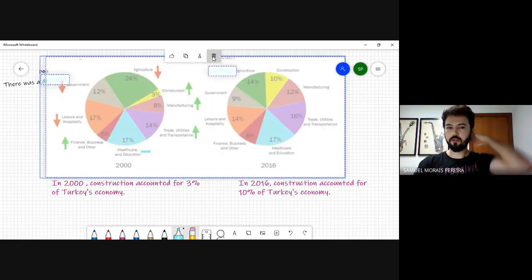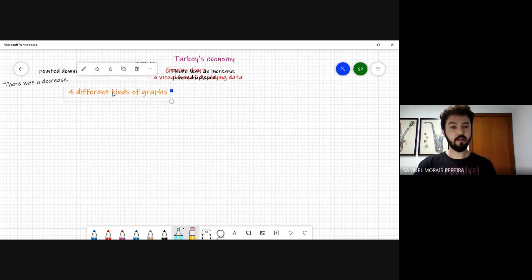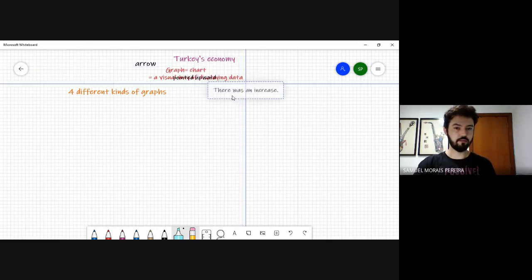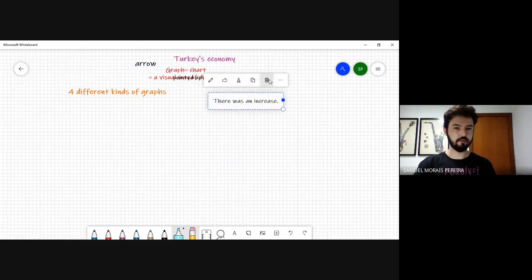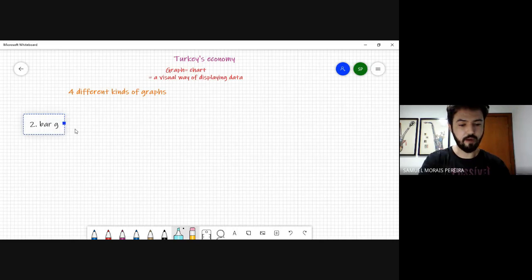Well, so moving on, now we are going to talk about a second type of graph, okay? So we have the pie chart. As you could see, the pie chart is a circle divided into parts, okay? Now I'm going to talk about a second type, and this is the bar graph. Or we can also say bar chart, okay? I'm going to write here, bar chart.